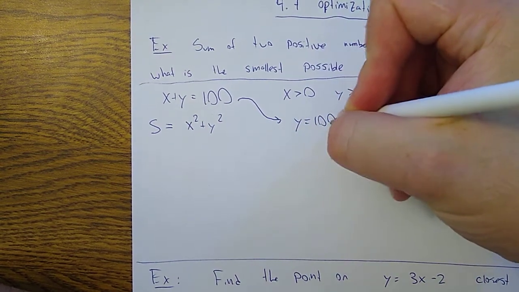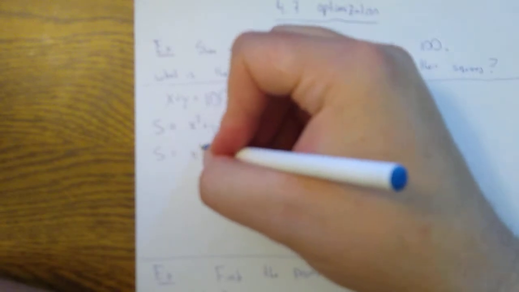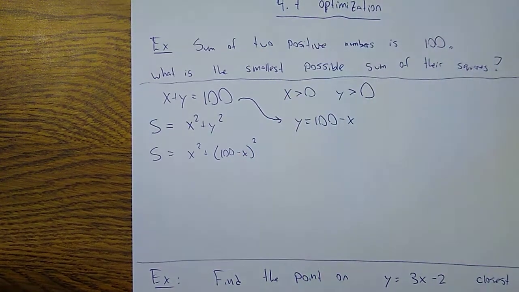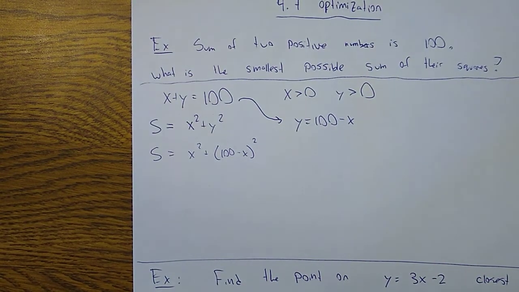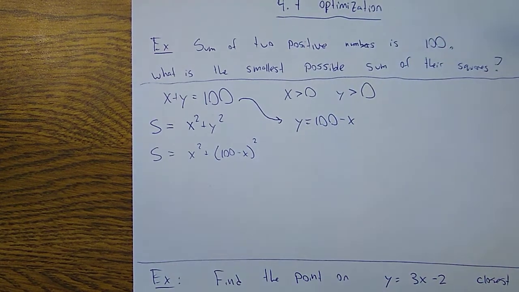y is 100 minus x. So s is x squared plus (100 minus x) squared. Maybe I could multiply this out and simplify it, but let me not even do that.